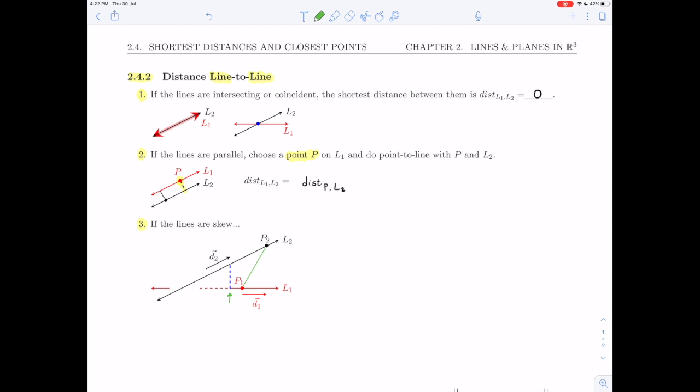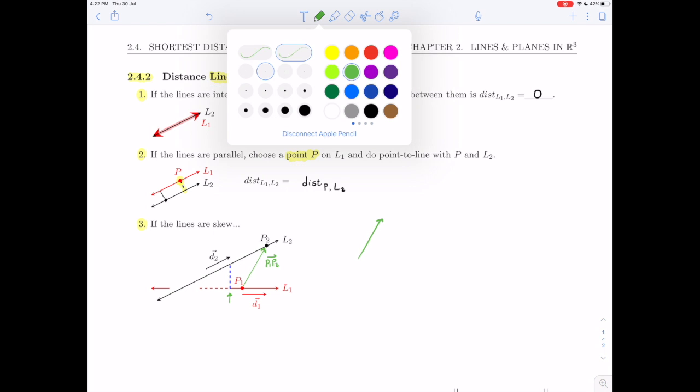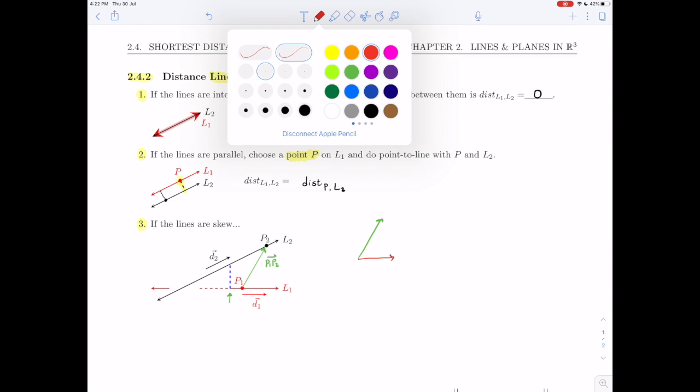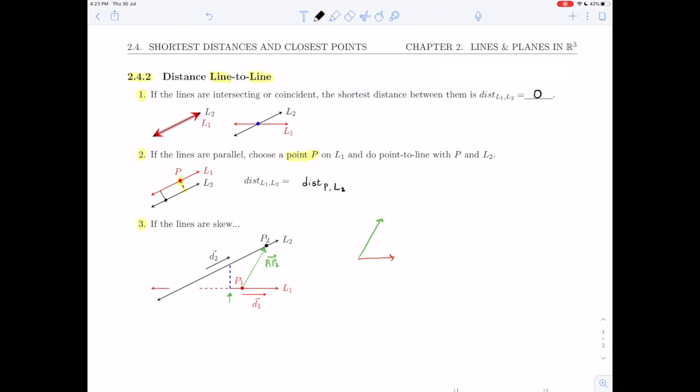We are going to construct vector P1P2 out of the points that we can see on each of those lines. And then if I take the vectors that you see here, P1P2, d1, and d2, and rearrange them, putting them all tail to tail, then we have a situation which we're familiar with.